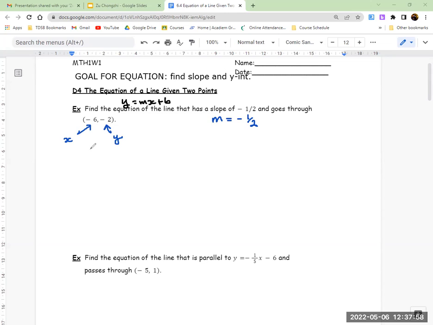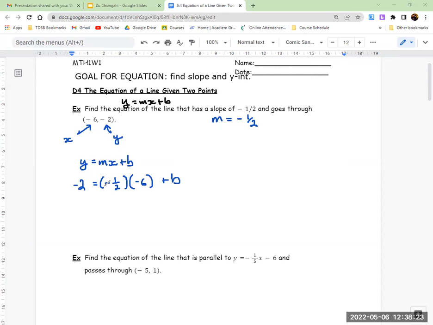If you practiced yesterday, you will know how to do it. You'll be like, oh yeah, I know y equals mx plus b. The question told me that if my slope is -0.5 and my x happens to be -6, it will add with something and give me a y value of -2.